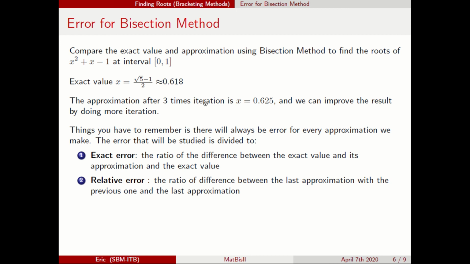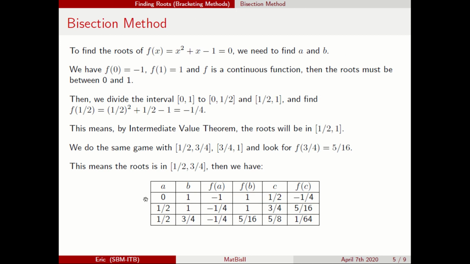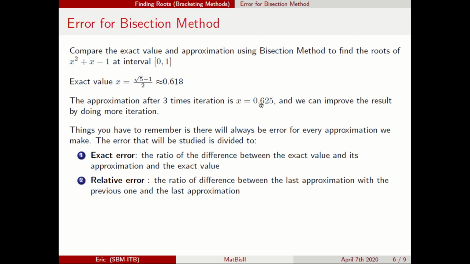The approximation after 3 iterations, first iteration, second iteration, third iteration, is 5/8, that is 0.625. That is very close, isn't it? But we can improve the result by doing more iterations, using more trials.